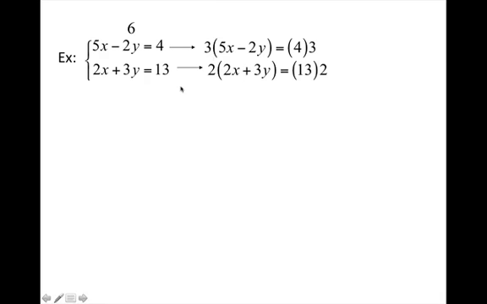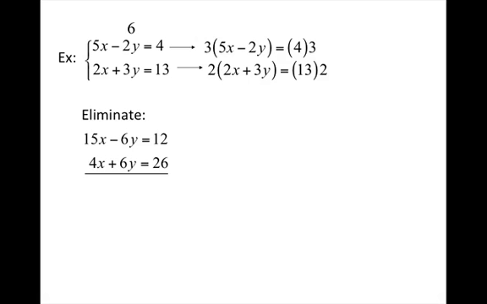With the second equation, to make the 3 become a 6, I'm going to need to multiply each side by 2. So when I do this, I'm going to add the equations to eliminate. So the first equation becomes 15x minus 6y equals 12.